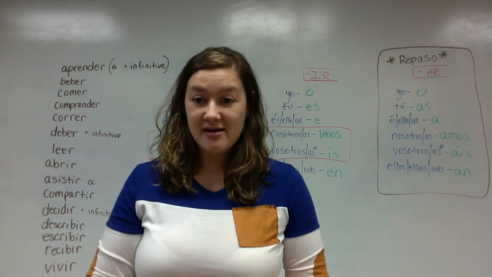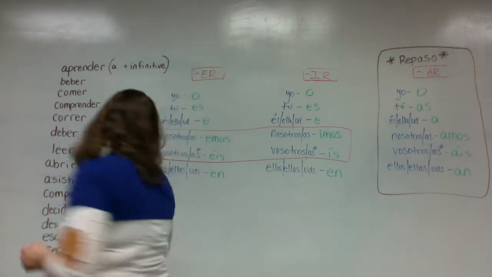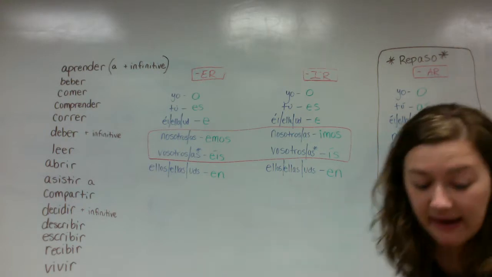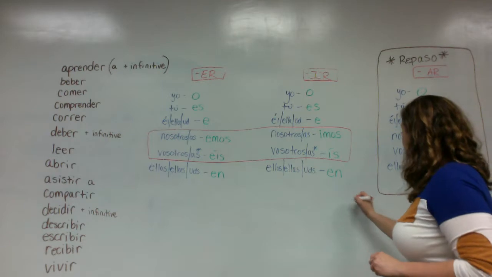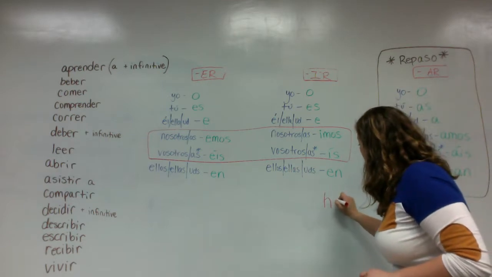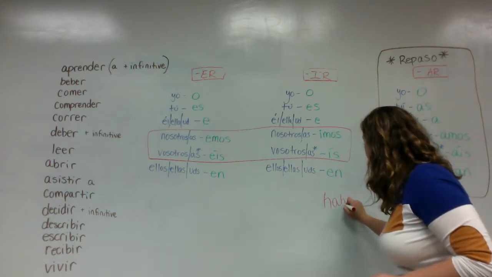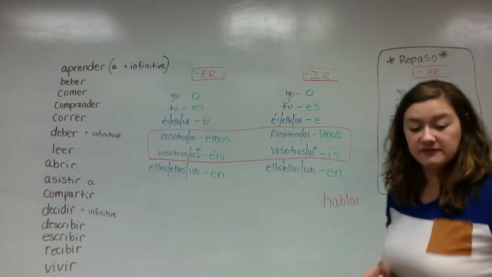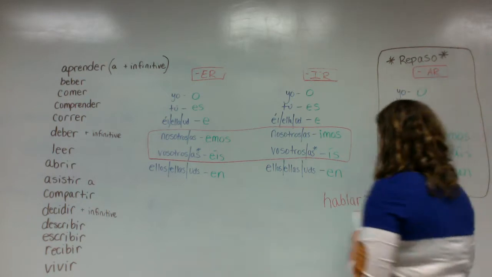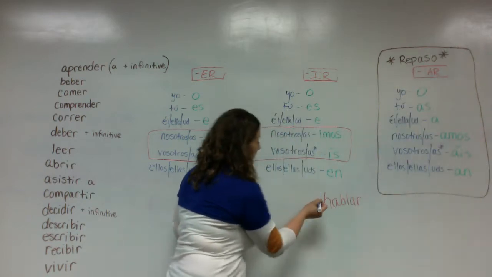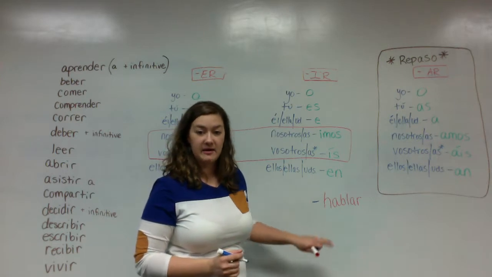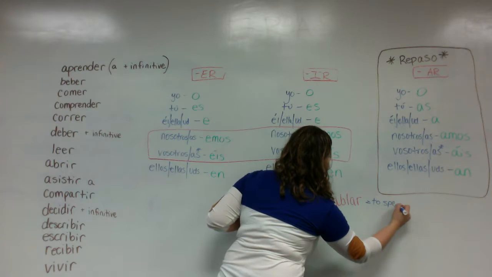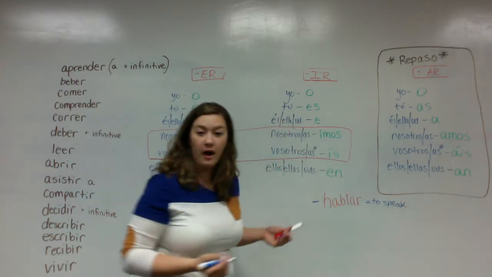So with the AR verbs, we did yo hablo, see? So let's just say I'm using the word hablar. I have hablar here. As always, we're going to first look at the verb and identify the action. The action of this verb is to speak or to talk.